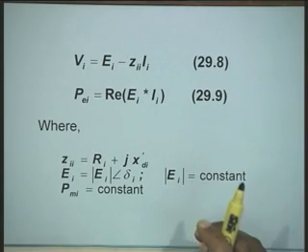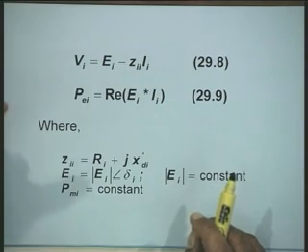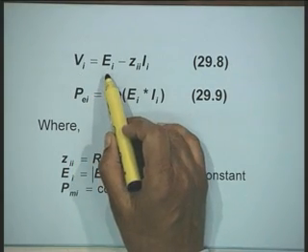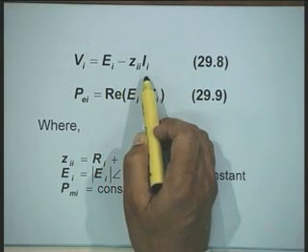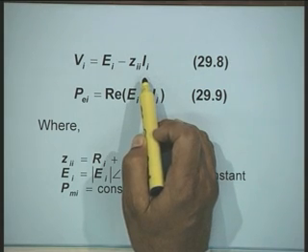Now, here is a very important point, if I represent a generator by an equivalent. We know that the generator model considering the classical representation is of this form, that the terminal voltage V i is equal to internal voltage E i minus Z i I i. This is the classical model for a synchronous generator.